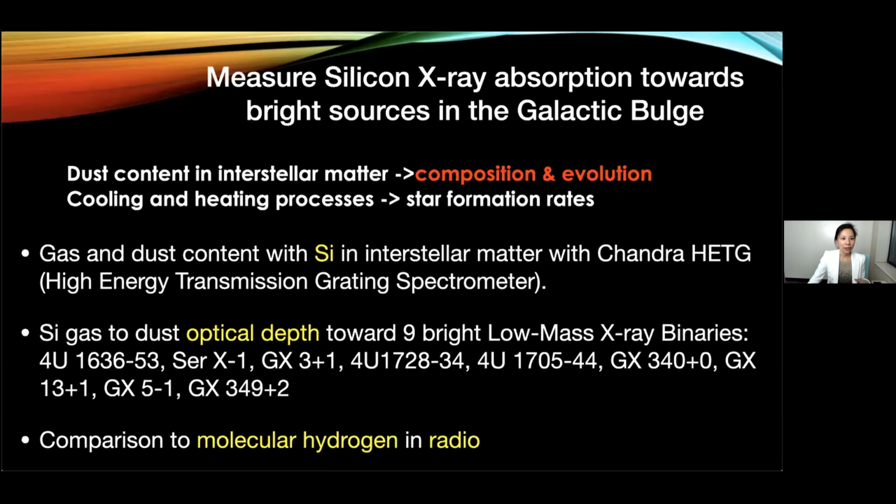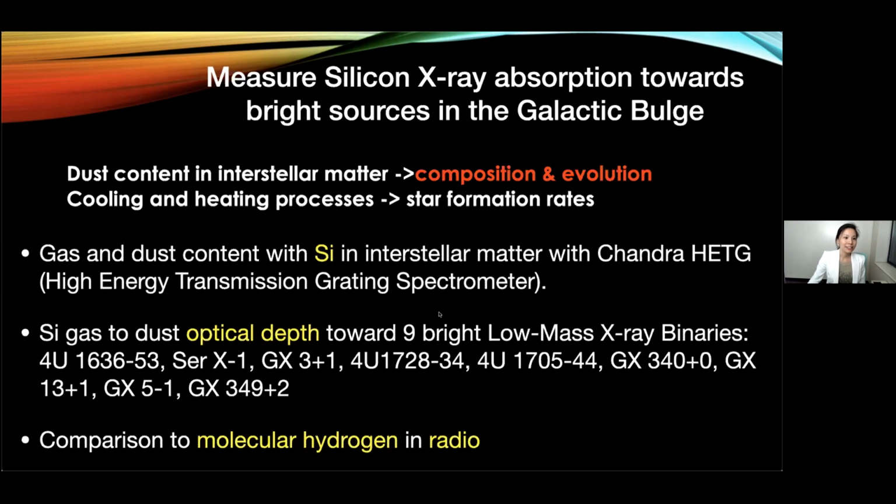Therefore, we measure the silicon X-ray absorption towards these bright sources in the galactic bulge, because the dust contained in interstellar matter plays an important role in the composition and evolution of the interstellar medium. This can tell us the cooling and heating process and help us to understand star formation.